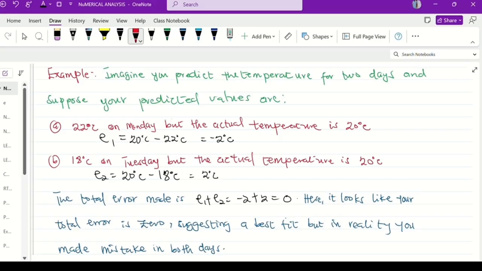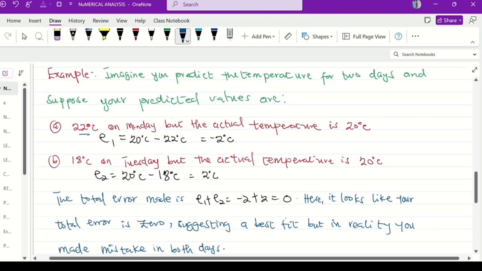So in this case, we subtract the predicted value from the actual temperature. So we get 20 minus 22, which gives us negative 2 degrees Celsius.